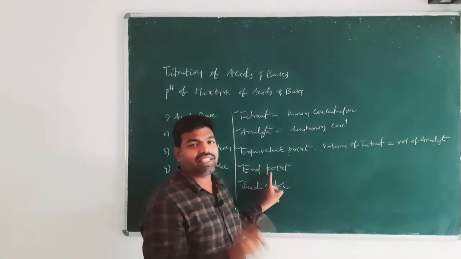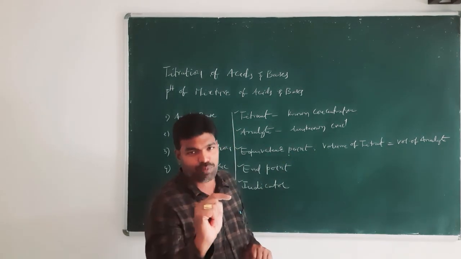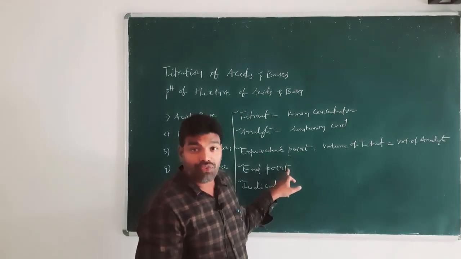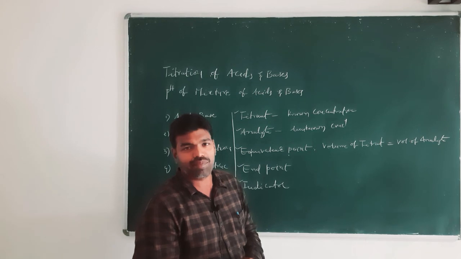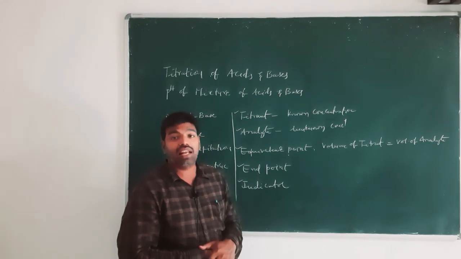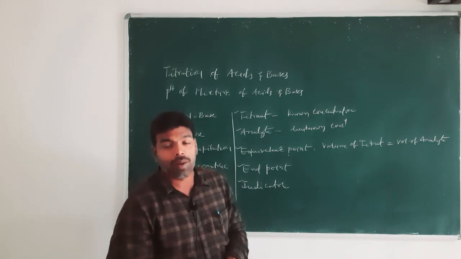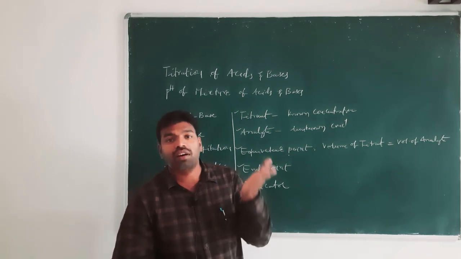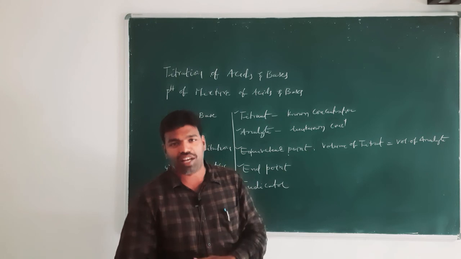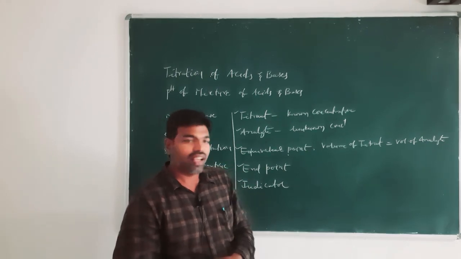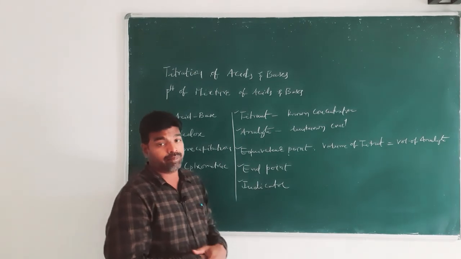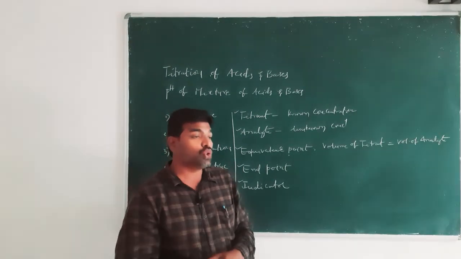The end point is just above the equivalence point, and it is the practical end of titration. By that color change, we come to know the titration is completed, right?